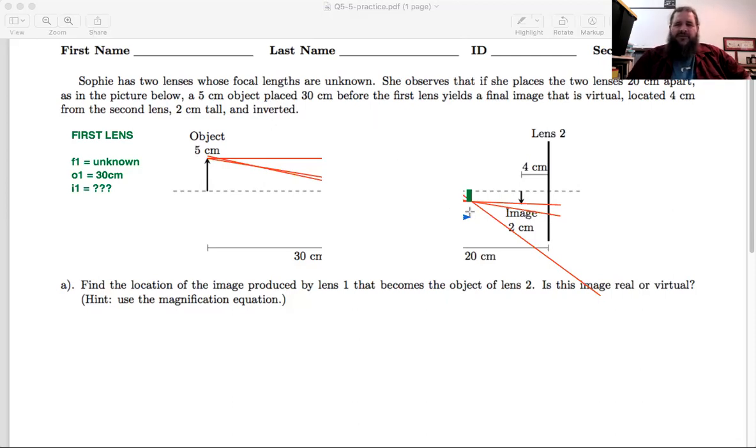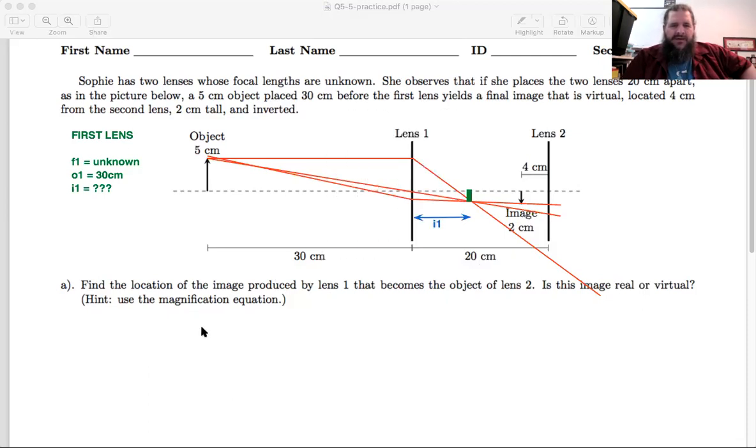That image from the first lens or mirror acts like the new object for the second lens or mirror, because the image is where the final rays of light seem to be coming from, and where the rays of light come from is effectively the object. So as far as lens 2 cares, this is the object. And how would we write out the new object distance, the distance from that fictional object to lens 2? Because that's what we're going to call O2.